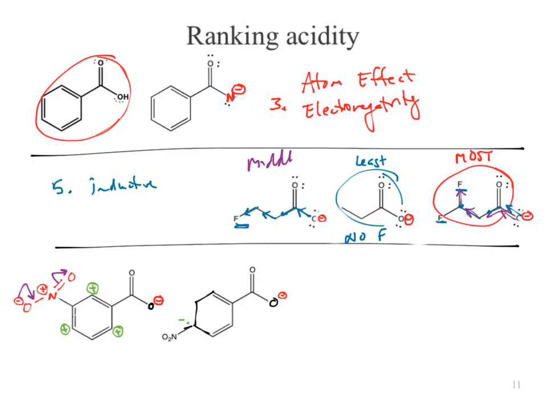Which means I'd have my lone pair here, and I'd have a positive there, right? Okay. And I could shift bond to bond, yeah? Which would show that I could build a positive charge at this position, and this position, right?